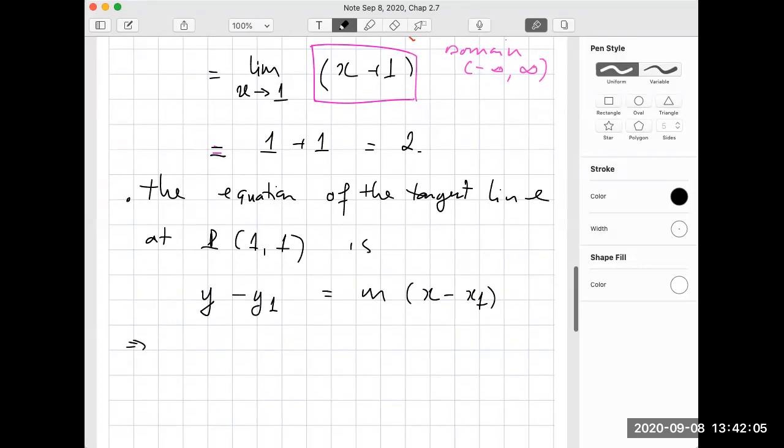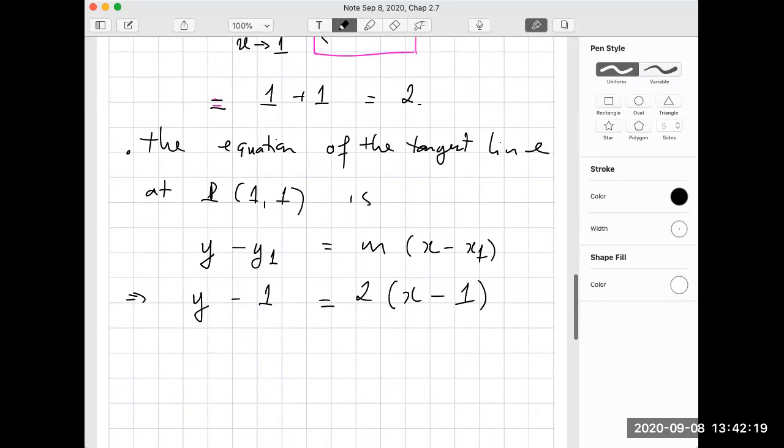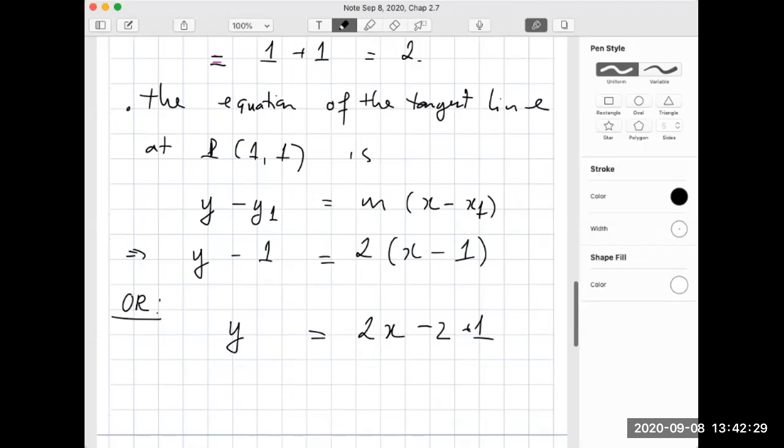In this case, y1 is 1, and m, we just found it here, is 2, and x1 is 1. So this is the equation of this. Or we can write it as y is equal to 2x minus 2 plus 1, which is 2x minus 1.